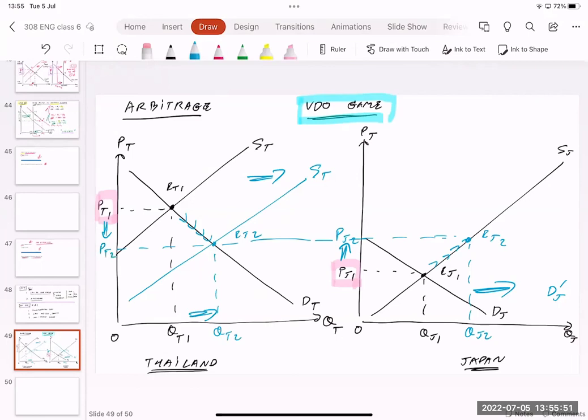So you see that in the end, the price is going to be the same. This is what we call arbitrage. Arbitrage can make the price of the product in the two countries the same in the end. This is why if you have arbitrage, you're going to have PPP, purchasing power parity.